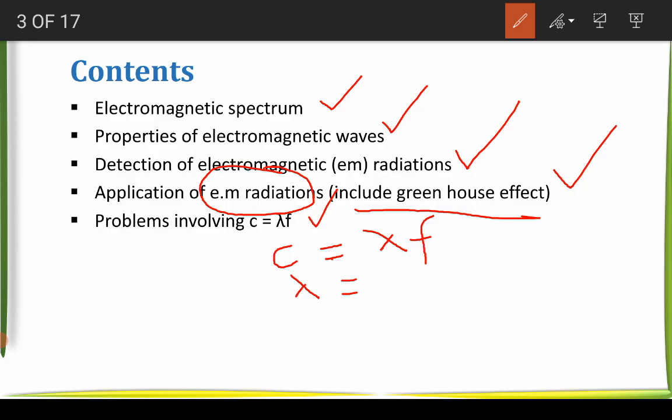So wavelength can be expressed as speed divided by frequency, and therefore frequency can be found by simply dividing speed by wavelength. So we are going to look at these equations and how we can use them to solve problems.